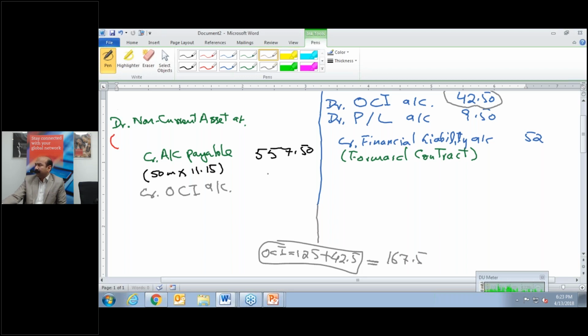So we shall be reversing this amount and adjusting it, making it a part of the cost of the non-current asset. This is as per the principle number 1. So this property, plant and equipment will be recognized at 725 million.